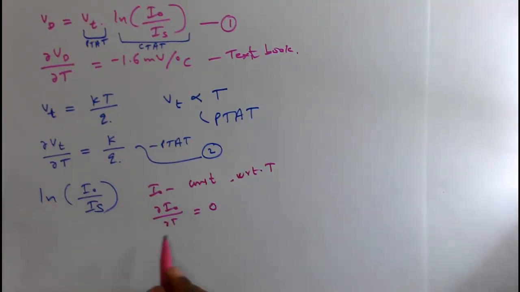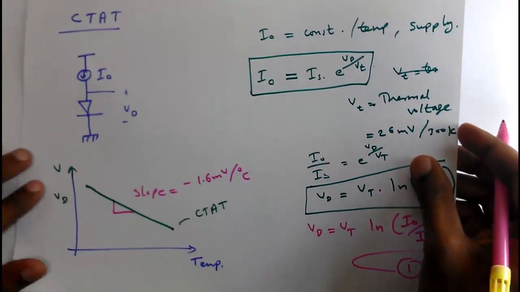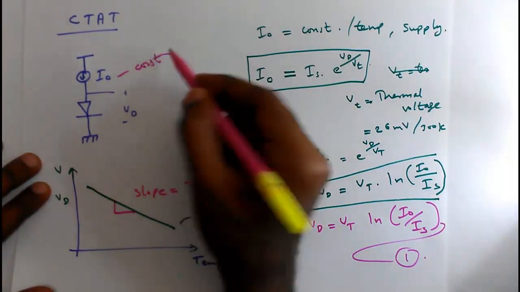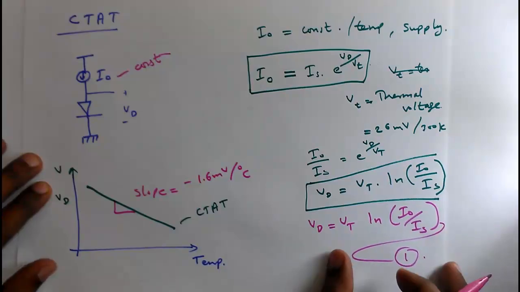We will come back to this point later. There are some issues in this assumption. But for the time being, we assume that I0, that is current through the diode, is constant with respect to temperature. This is what we assume now.